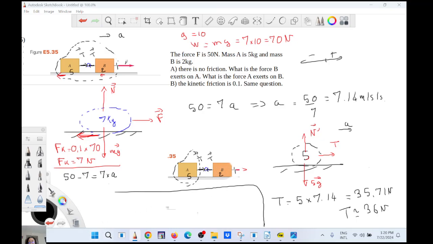I cannot erase this. So now if you have a frictional force, it will be in this direction. So first of all, what is A?